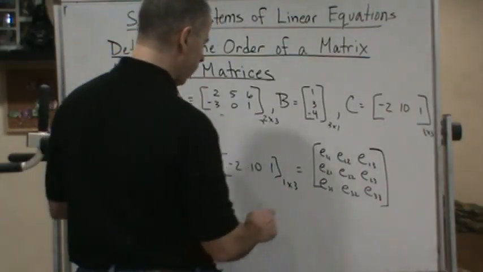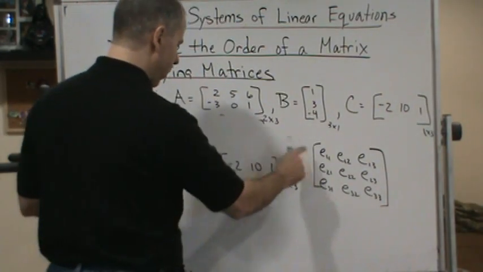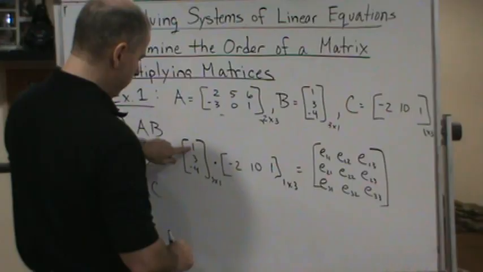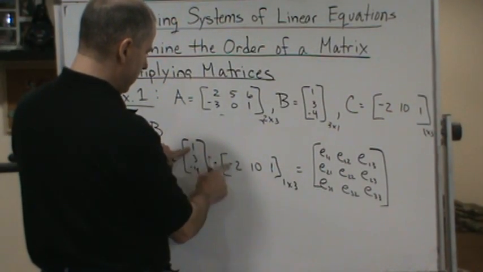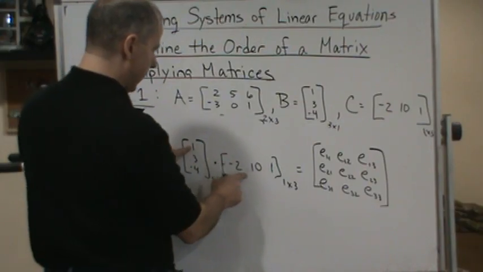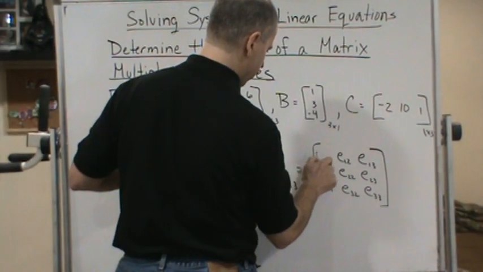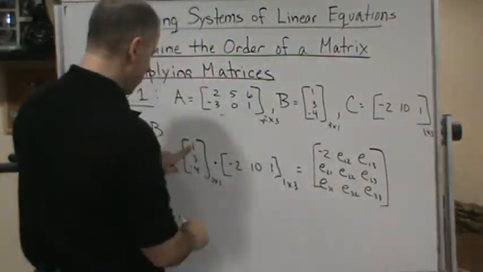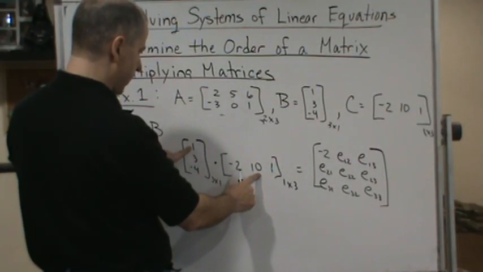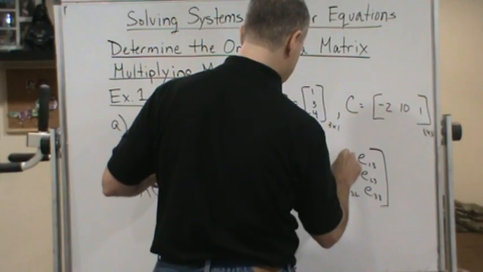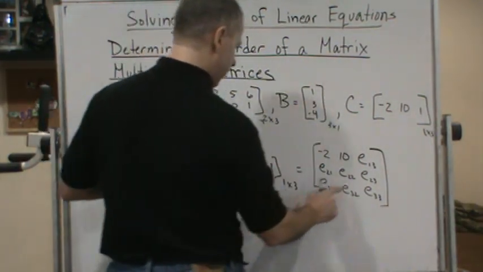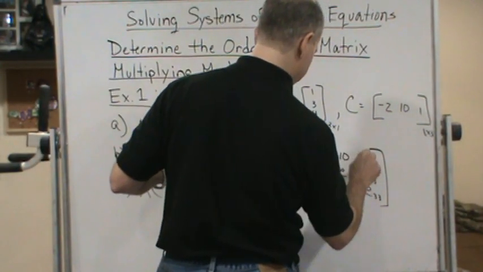So for E11, it's going to be first row, first column. So it's just going to be these two multiplied together. So it's going to be negative 2. And then I'm going to go to this one, second column, 10. And the third column is going to be 1.